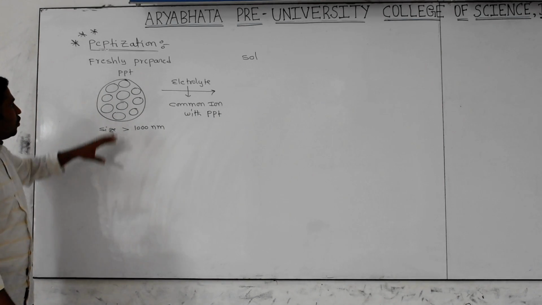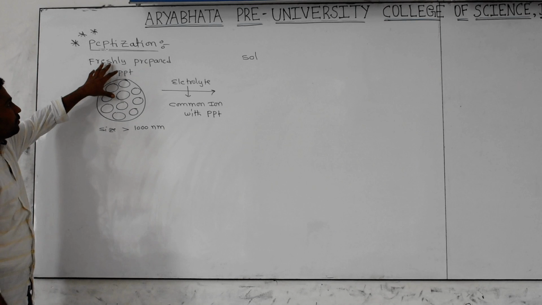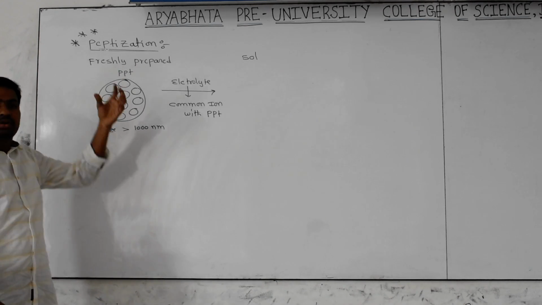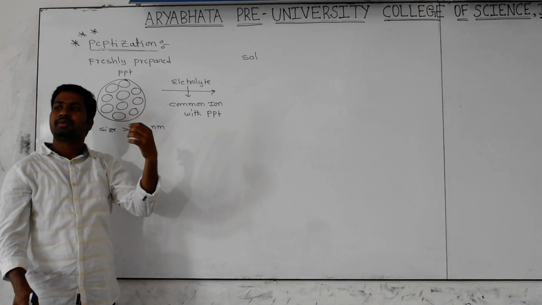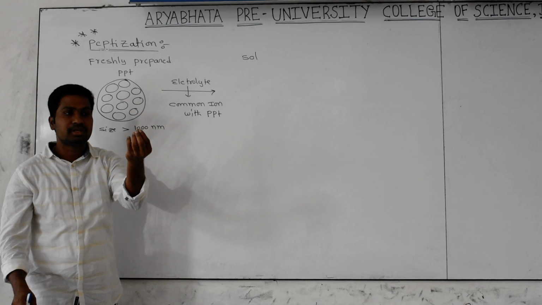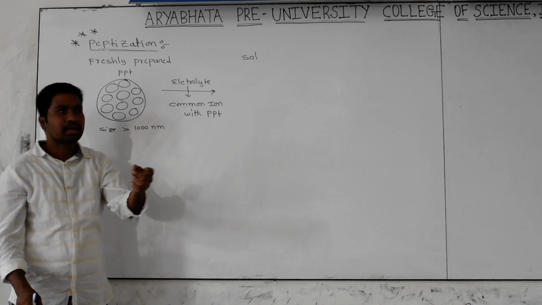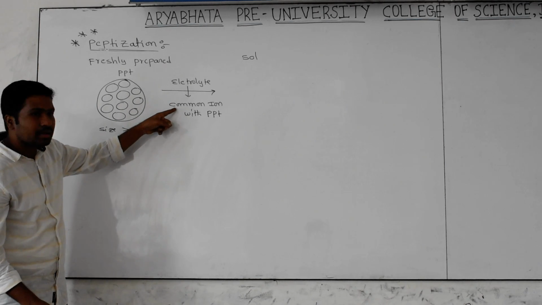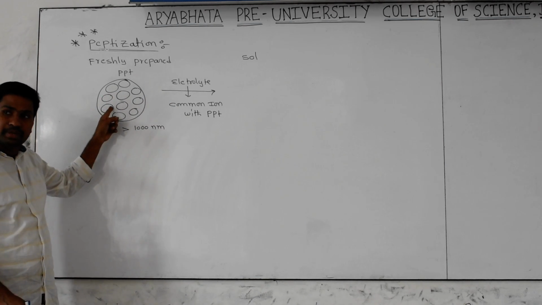First, how do we take a freshly prepared precipitate? Sir, why not an old precipitate? If you take an old precipitate, it becomes very hard and the decomposition will be difficult. That's why we have to take a just-prepared precipitate. To that we should add an electrolyte, and the added electrolyte should have a common ion with the precipitate.